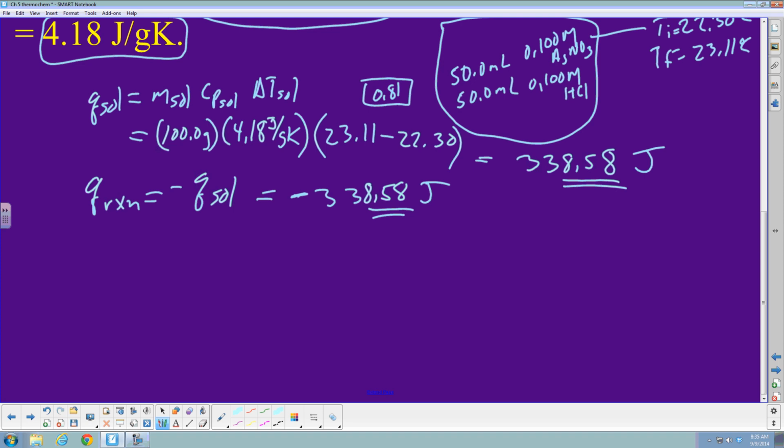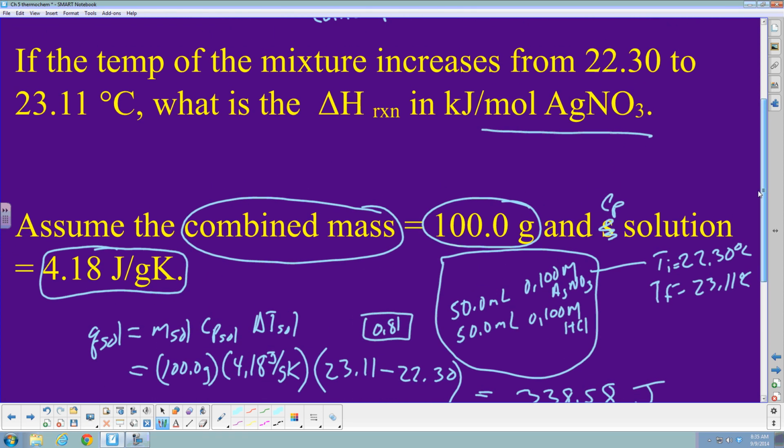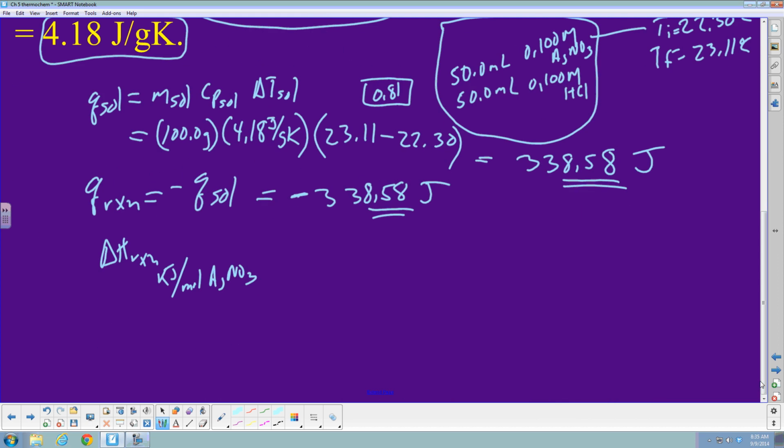Now I want my Q reaction, my delta H reaction, and I want it in terms of, what did they say? Kilojoules per mole of silver nitrate. So I need to figure out what? The moles of my silver nitrate, right? Here it is. Kilojoules per mole of silver nitrate. So how many moles of silver nitrate do I have? Well, I have a volume and I have a molarity.